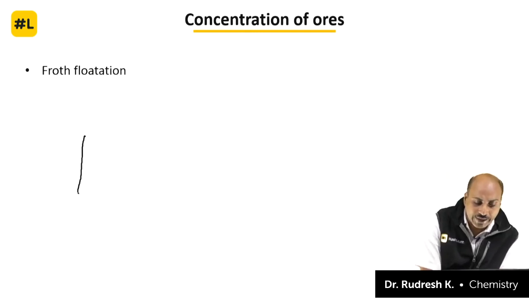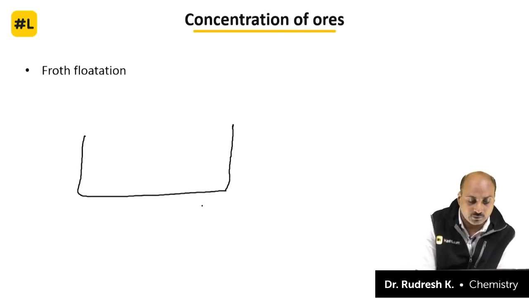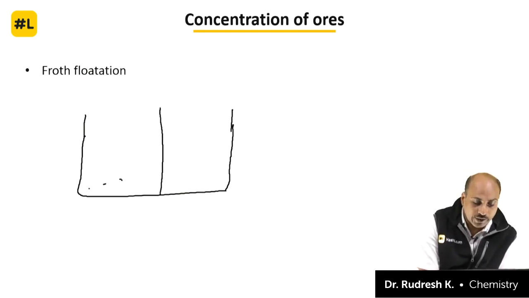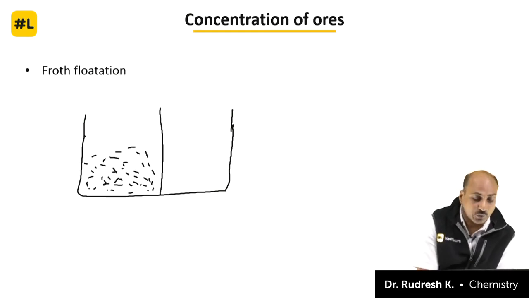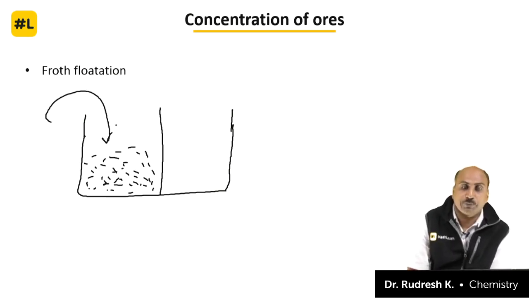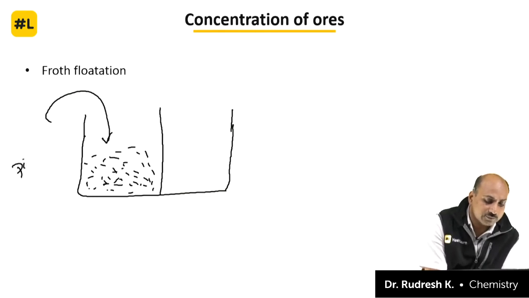This will be used in tanks. So it is separated like this. Here we add the ore particles, which are pulverized and treated with the hydraulic process, containing sulfide ores. For this we add a special oil called pine oil.